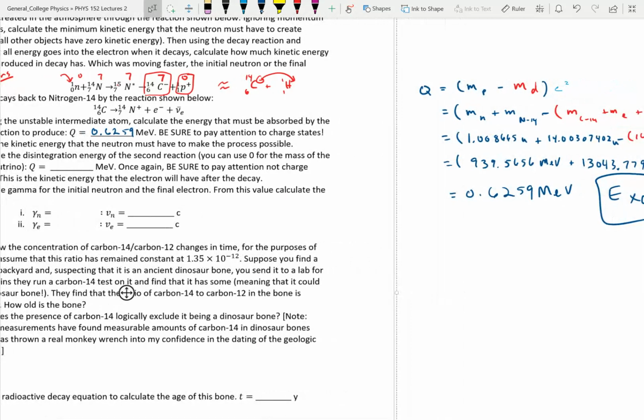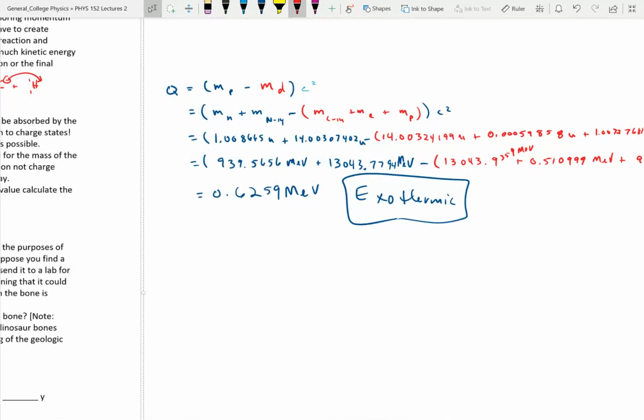Now, calculate the disintegration energy for the second reaction. Q is again equal to mass parent minus mass daughter. But now the parent is going to be the carbon-14, and this is a neutral carbon-14, minus the mass of the daughter, which is the mass of nitrogen-14, plus the mass of an electron, plus the mass of that neutrino.